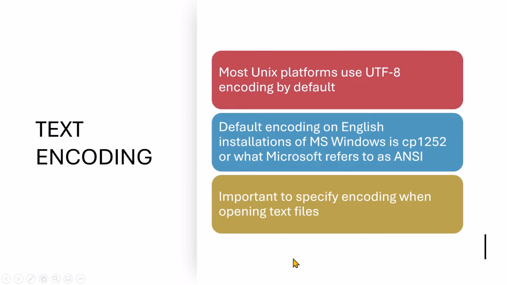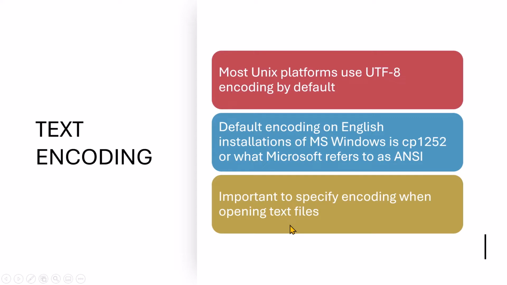And if you want to work with those files on Windows and you don't specify the encoding parameter, then Windows will try to use CP1252, which will create a kind of conflict because your files are encoded using UTF-8, and you may end up with some kind of errors. And therefore, it's recommended to always specify encoding when opening text files. It should be standard practice.